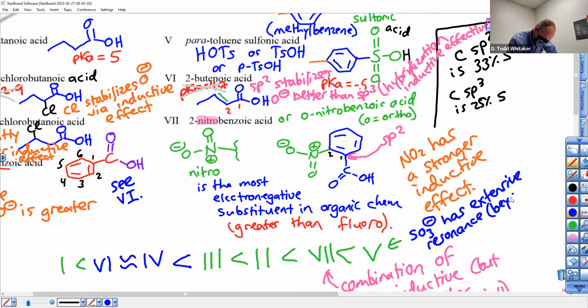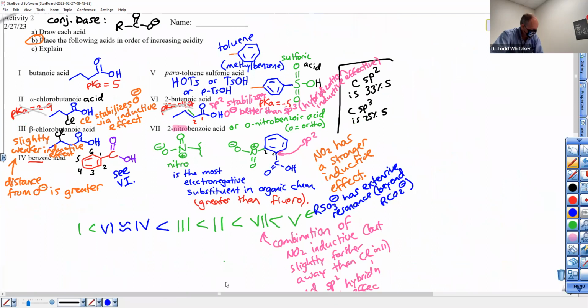We're talking about a fundamental difference. CO2 minus has resonance, right? R CO2 minus. R SO3 minus has extensive resonance beyond what CO2 minus can do. And I believe that is satisfactory for this activity. So you will definitely have one of those on your test, this I promise.